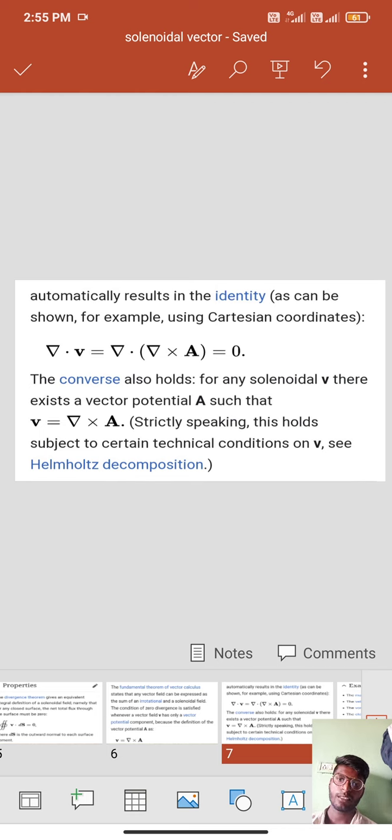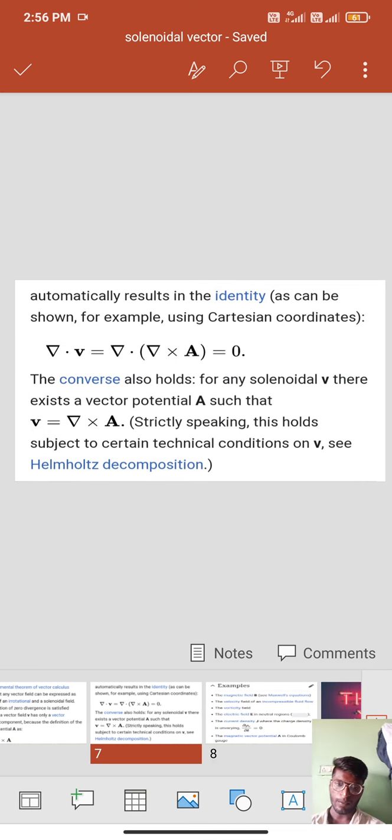The converse also holds: for any solenoidal V there exists a vector potential A such that V = ∇ × A. Strictly speaking, this holds subject to a certain technical condition on V; see Helmholtz's decomposition.